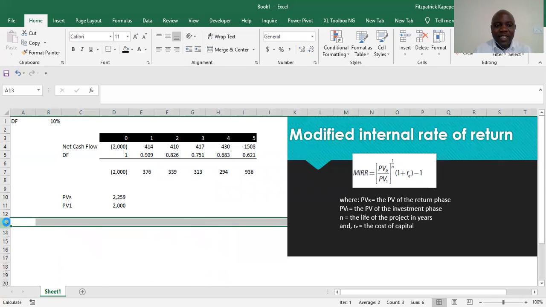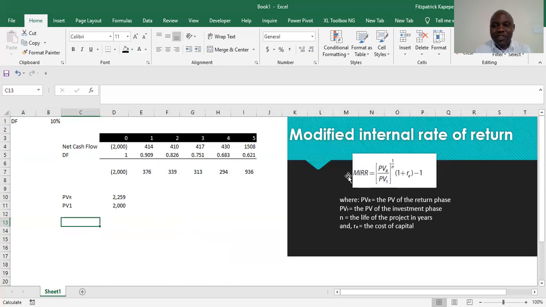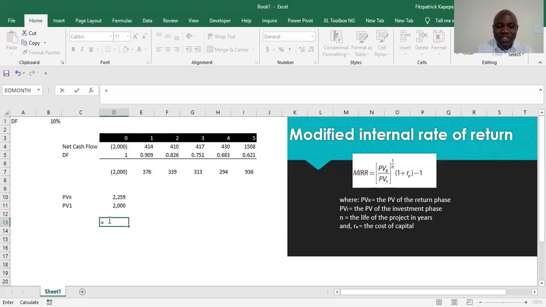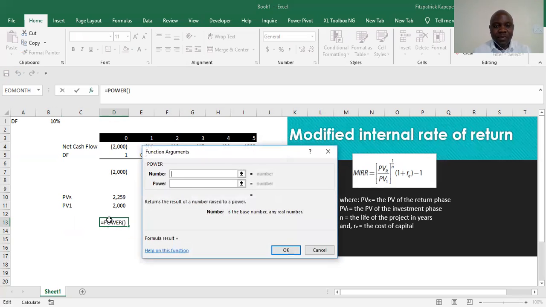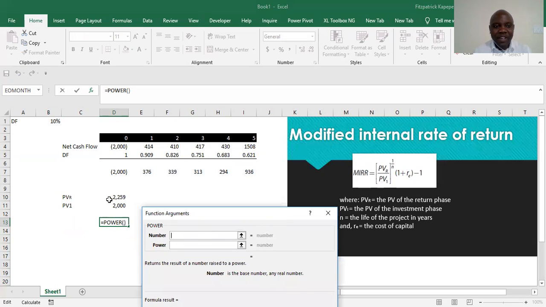Then you are done. All you have to do is use this formula. The first thing we're going to do, guys, is use the power function. I know Tamara and team, you know how to use your calculator. So the PVR, which is 2259, divided by 2,000, right? To the power of 1 over n, which is 1 over 5.